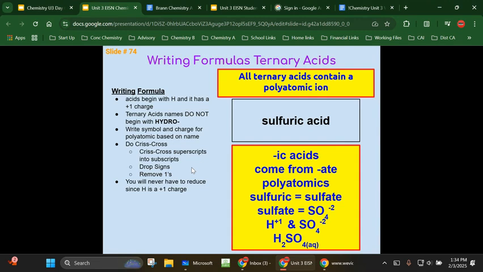Sulfuric acid. What would hydrosulfuric acid look like? H2S with an AQ after it. Sulfur is a -2, H2S.